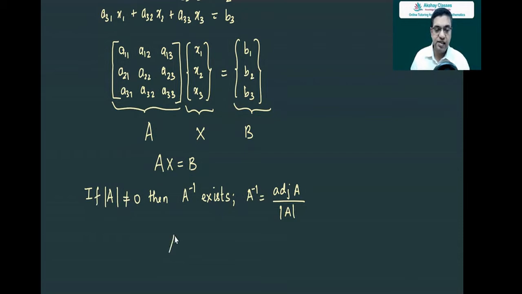So AX is equal to B and determinant of A is not equal to 0. That means inverse exists. So then what do we do? Multiply throughout with A inverse.